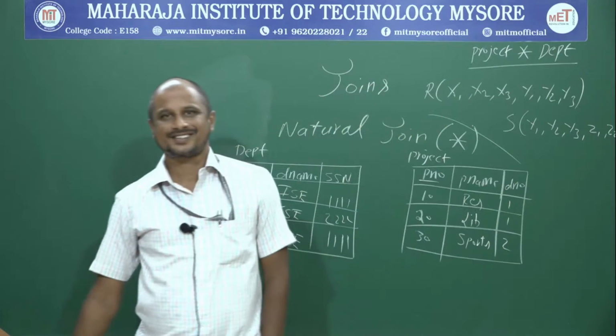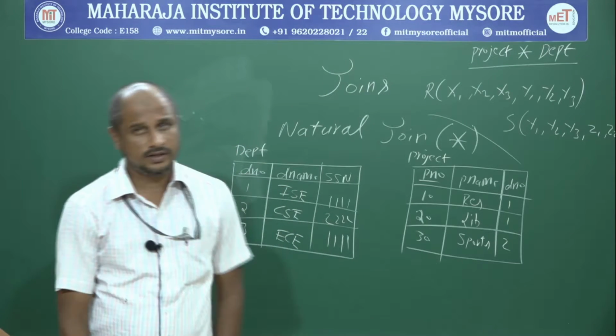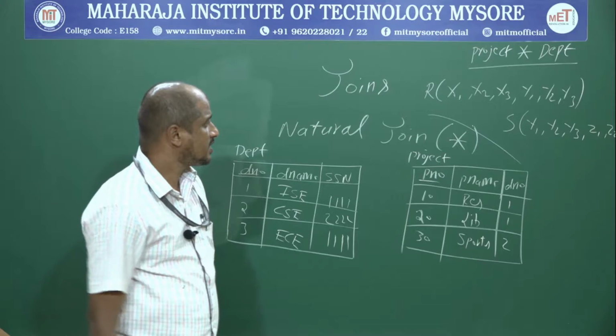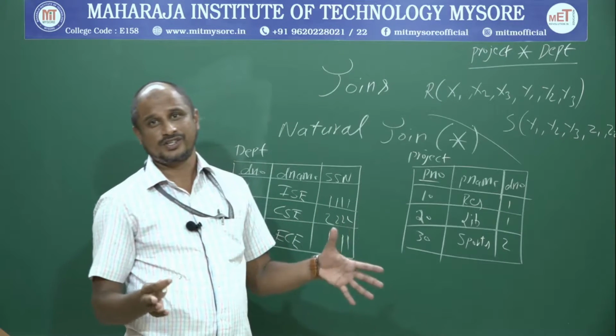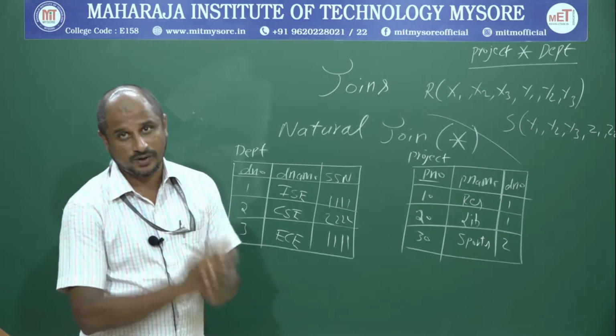So there are two relations with attributes x, y and z.